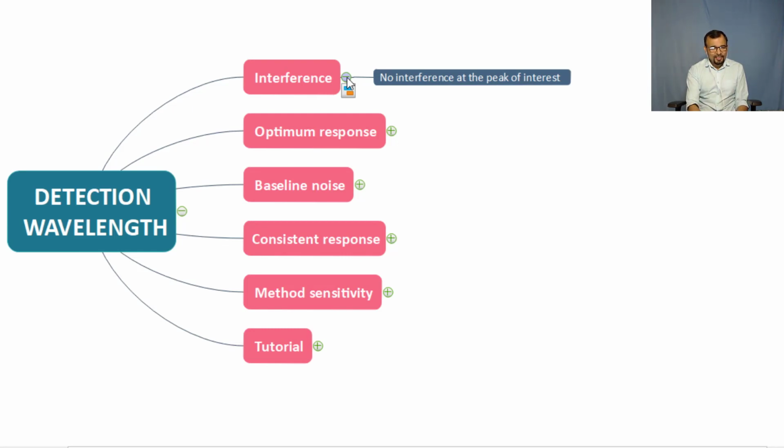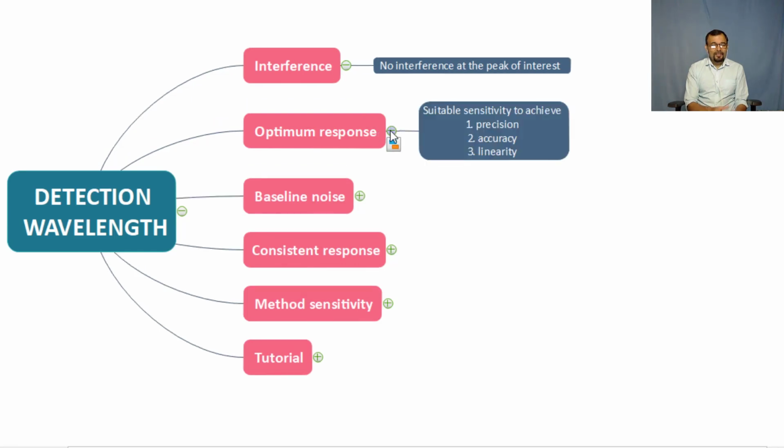The next point is the optimum response. What we are going to measure at the end of analysis is the response of the peak of interest. And if the peak of interest doesn't have the optimum, required response at the end of analysis, will that analysis be valuable? Will you be able to use that data for quantification?